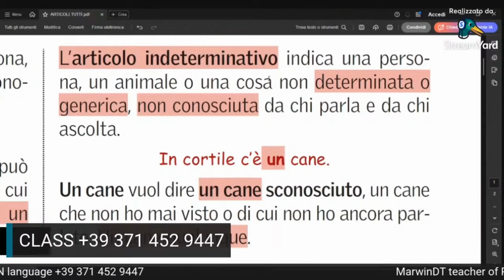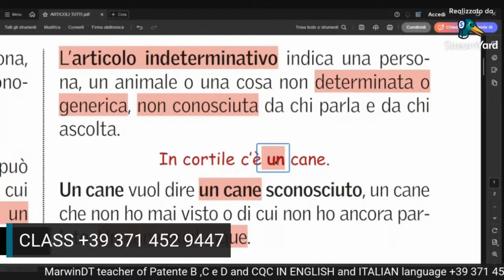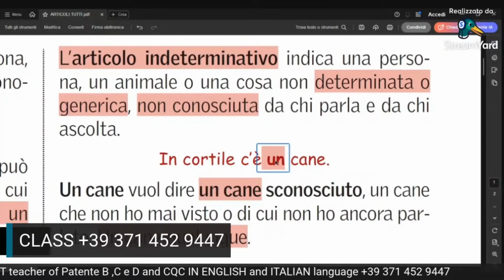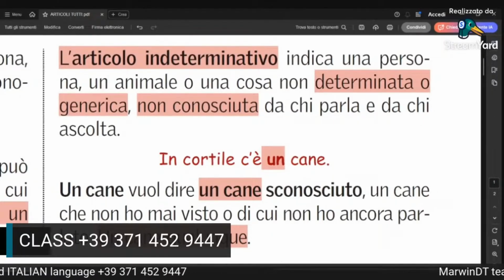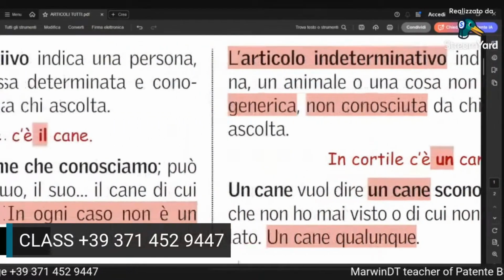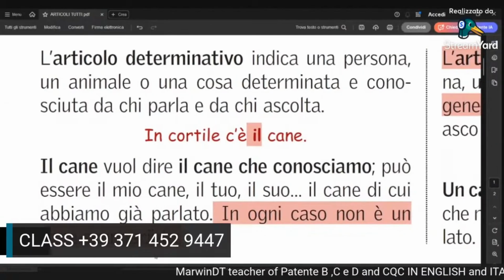So the example of articolo indeterminativo is un. As we move forward, we are going to see the perfect formation in the sentences and how we have to know specifically the articolo indeterminativo and the differences with the articolo determinativo, which we have seen here.